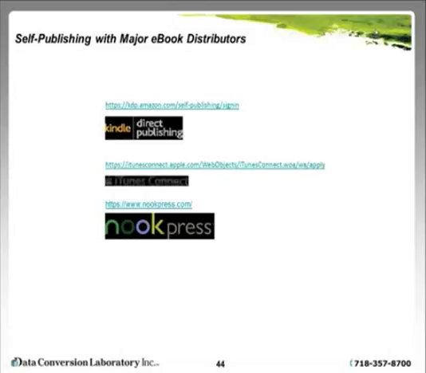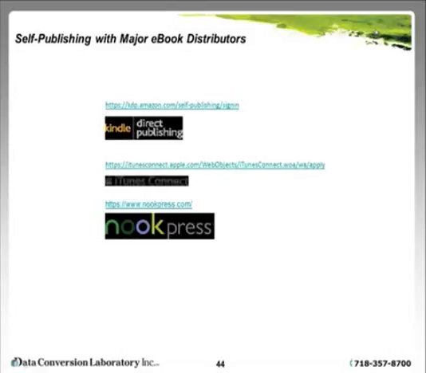To publish your book with Apple, you need to be registered with iTunes Connect. And again, once you have your EPUB file and you're registered with them, all you do is fill out some information about your book, upload the file, and within a couple days it will be up and ready for sale.